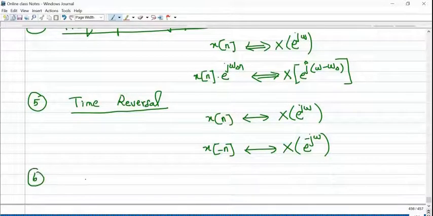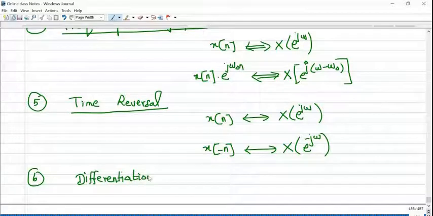Next, differentiation in frequency. Differentiation in frequency domain.